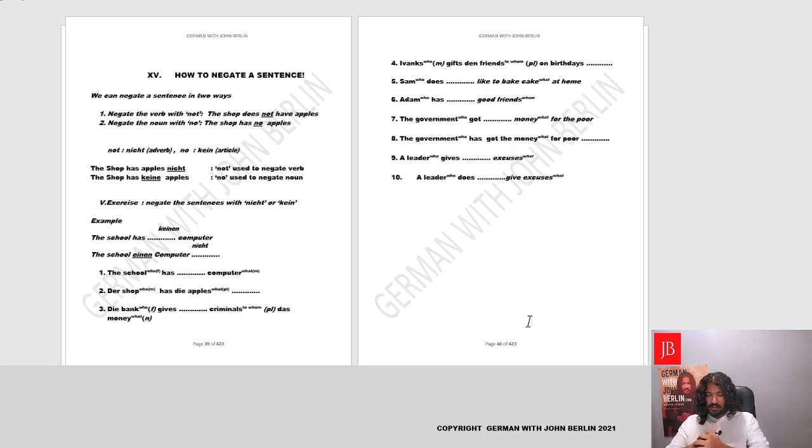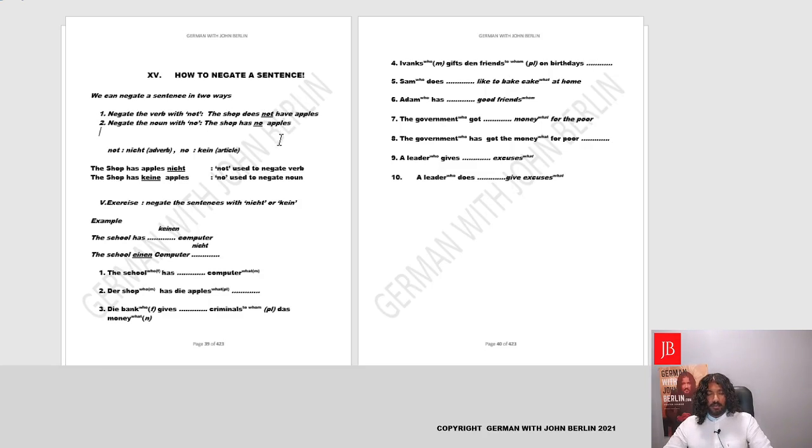Now there's two ways of saying it. Either I could say the shop does not have apples, or I could say the shop has no apples. What is the difference? When I said the shop does not have apples, I used not, which is an adverb, and it negates the verb have. So I negated the verb have with the adverb not.